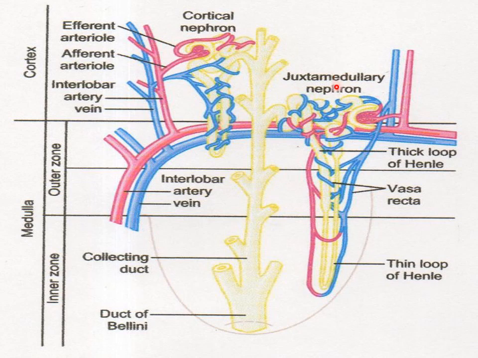But the juxtamedullary nephron has the glomerulus which lies deeply in the cortex.